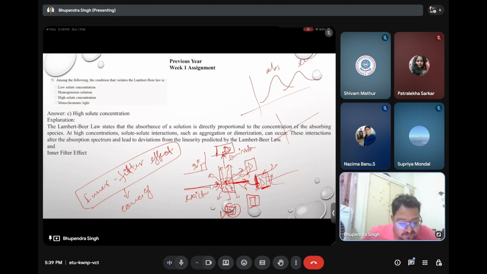So the intensity might decrease from this, and the emission will be like this. After placing the detector here, you'll get something like this. If you take this cuvette in the absorption spectrophotometer, you'll get the absorption something like this.